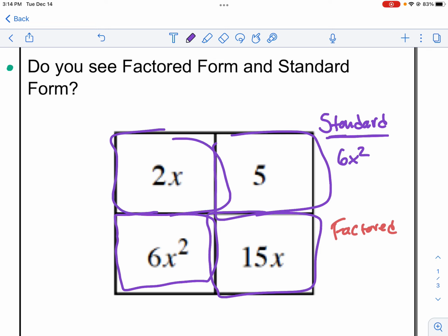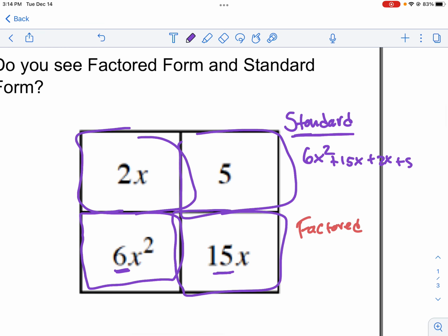So 6x squared plus 15x plus 2x plus 5 would be this standard form equation. It would be smart of us to rewrite this as 6x squared plus 17x plus 5, just so we can combine like terms. So that's how standard form fits into this.